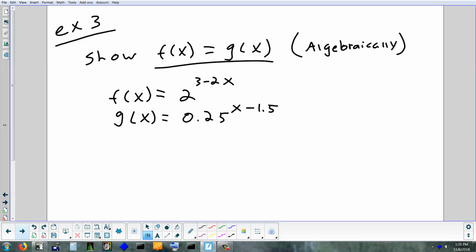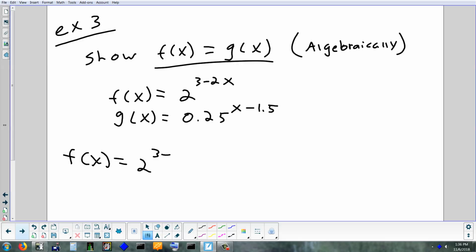All right. Let's take f of x and see if we can rewrite it and make it look like g of x. If I had to compare these 2 functions and they didn't tell me up above that they were already equal, this is what I would do to figure out how one compares to the other. Right now, it's like you're comparing apples and oranges. They're not set up the same.